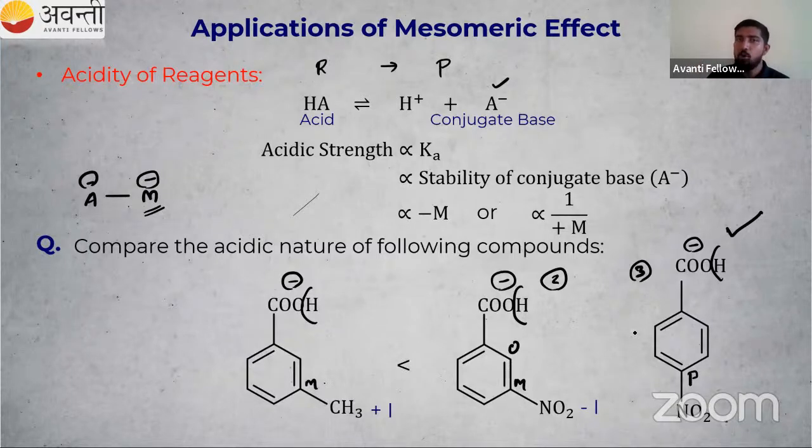Point to remember: the NO2 minus M effect works if it is present at the ortho and para positions. If NO2 is present at the meta position, there is no mesomeric effect, only minus I effect. CH3 at the meta position shows only the inductive effect, plus I, giving electron. Negative charge increases, stability decreases.